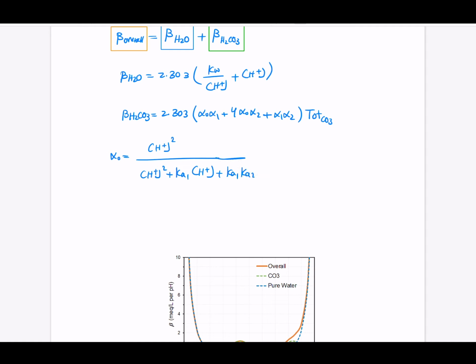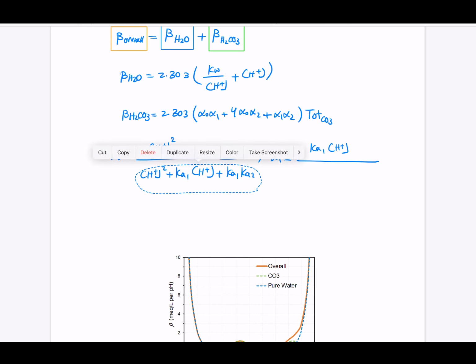And alpha 1 is Ka1 H plus divided by the same denominator.